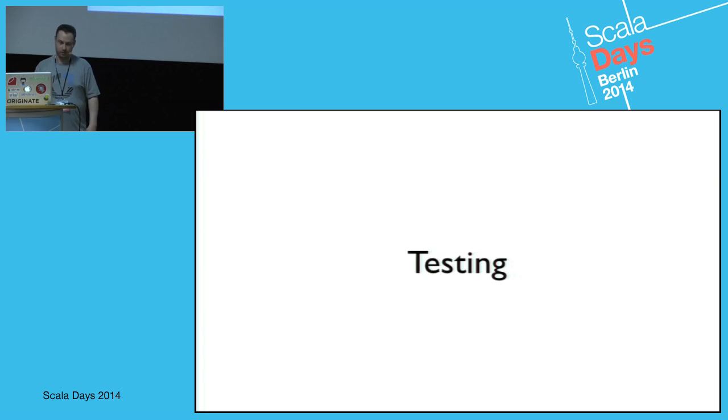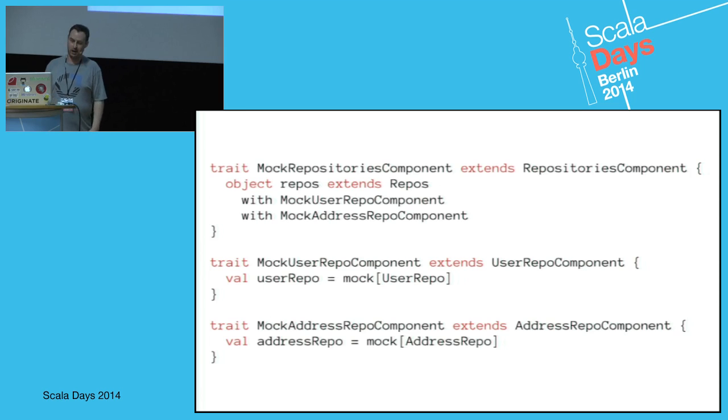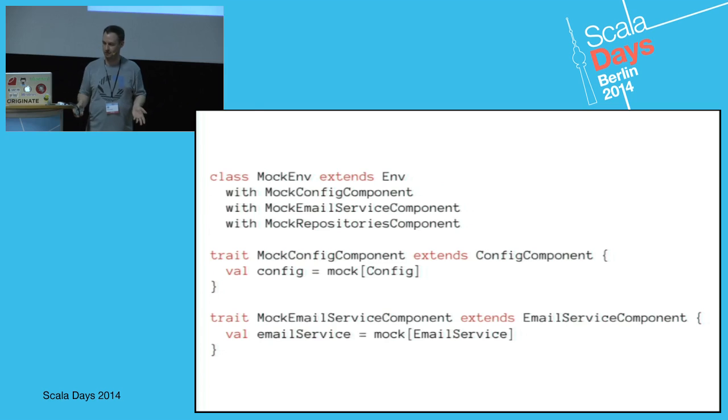All right, so one of the motivations actually for dependency injection is easier testing. So how do we do that? The way I did it, I just created a bunch of components. This is one of the reasons I liked to have the components for each dependency and break them out. I can create these test components that just mock up the dependencies.